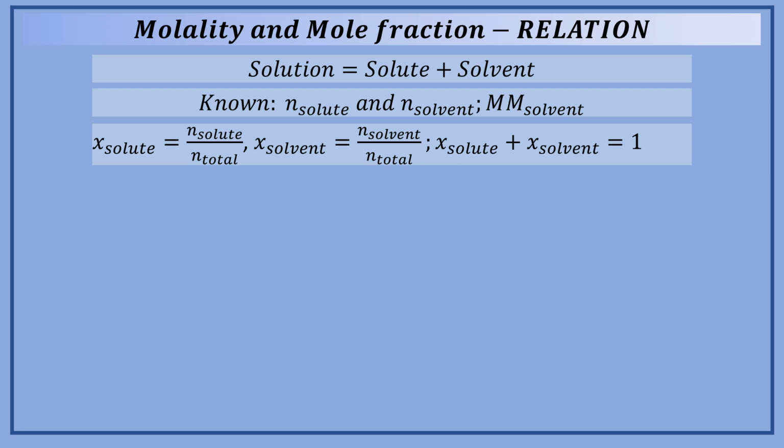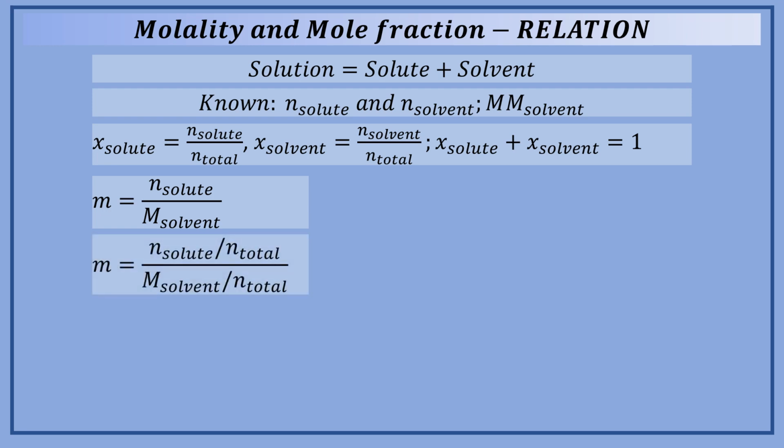Now, let us begin from the definition of molality. Molality is given by number of moles of solute divided by mass of solvent. We have to express molality in terms of mole fraction. So at this point, think about how we can bring the expression of mole fraction within this definition.